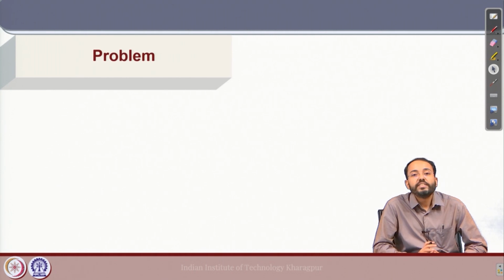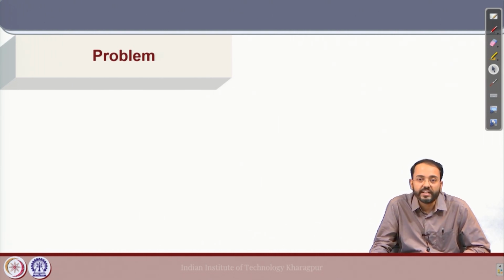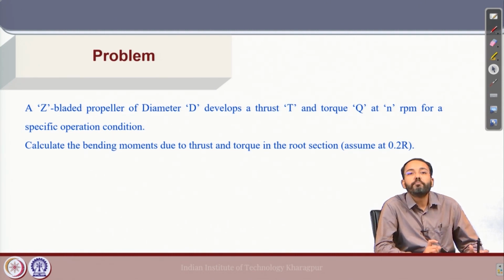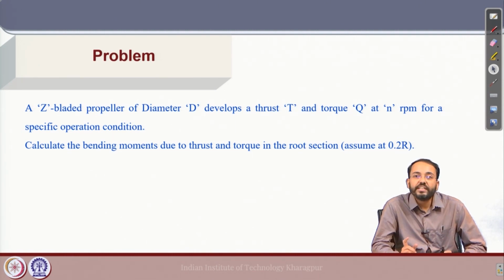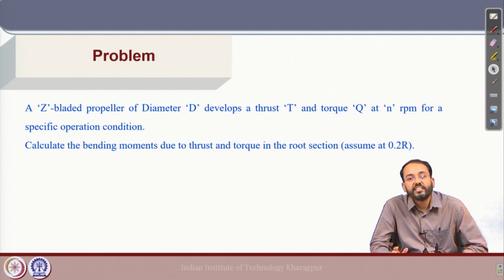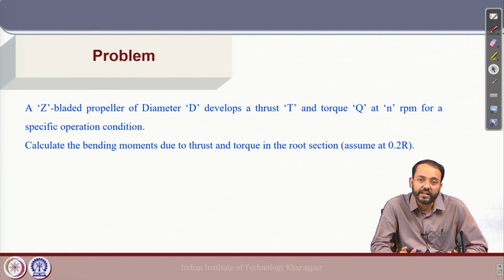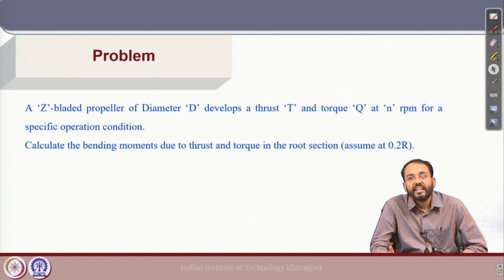Now, we will look into a simple problem which represents these calculations for the bending moments due to thrust and torque on the propeller blade. So, we have a propeller with Z number of blades having diameter D, where the thrust T and the torque Q are given for the entire propeller, and it is operating at N rpm for a specific operating condition.